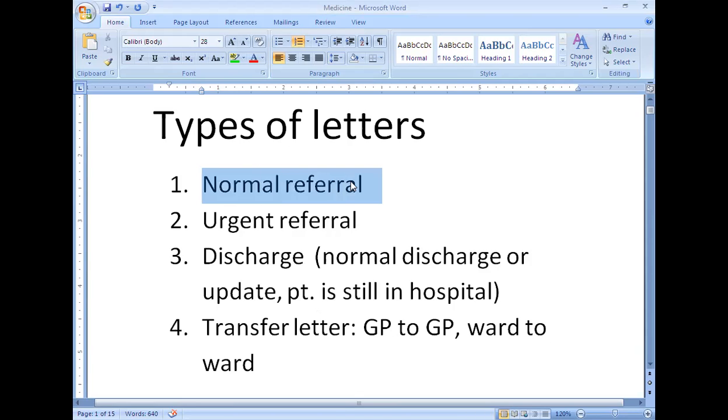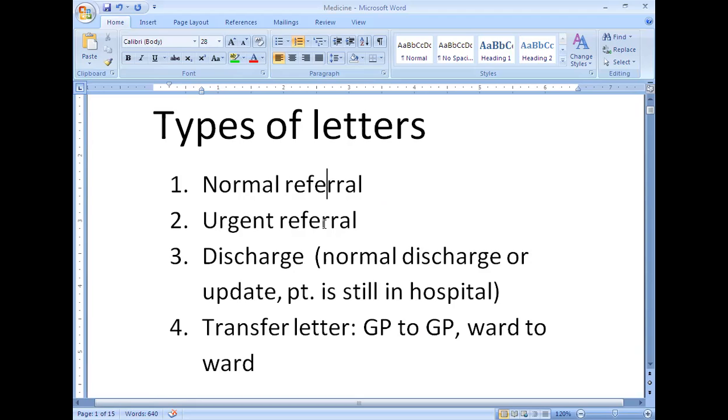Normal referral, for example, Dr. Khalil, if you have a patient with pneumonia that is not very severe and is not a child, so a moderate pneumonia, and you are writing this letter to a physician in a big tertiary hospital, this would not be an urgent letter. This would be a normal referral letter.